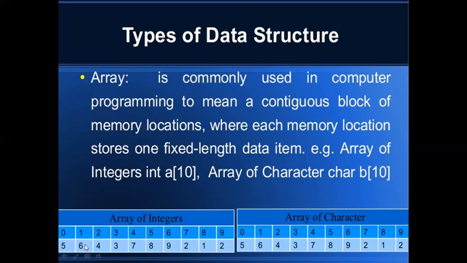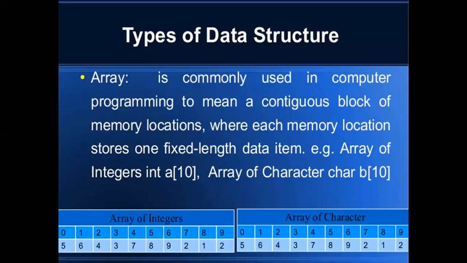That means if I want to get the element 9, in which location has it been stored? In the 6th location. So using the address of the 6th location I can access the element 9. These are integers, an example of an integer array. Like this you can store mobile numbers or names of students or employees, anything we can store using the array.